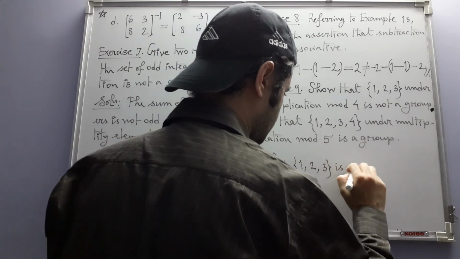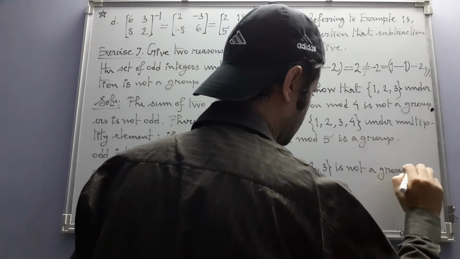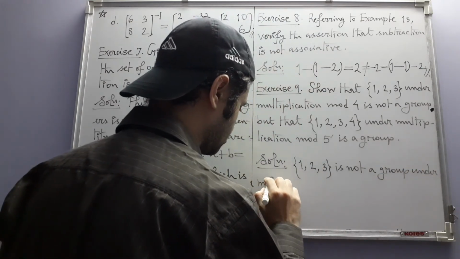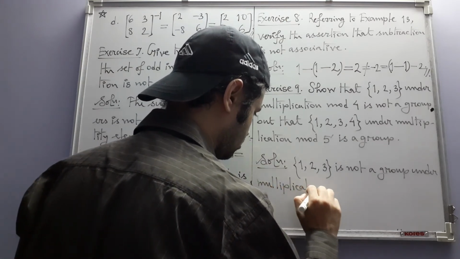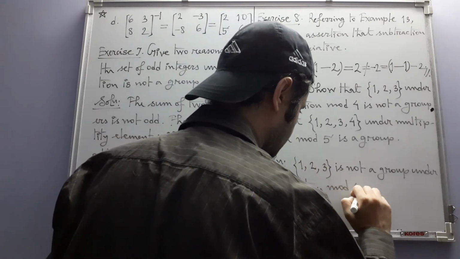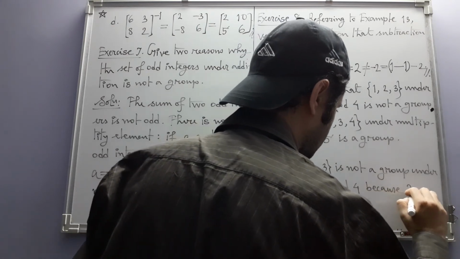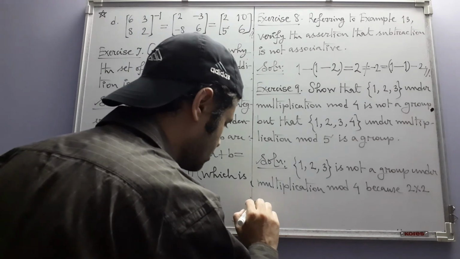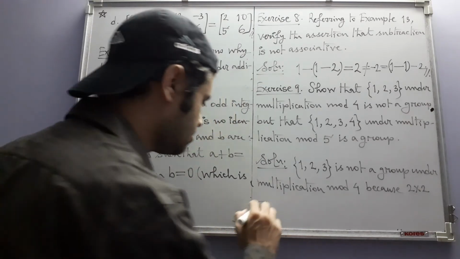This is not a group under multiplication mod 4, because 2 times 2 is equal to 4 actually, but mod 4 is equal to 0.